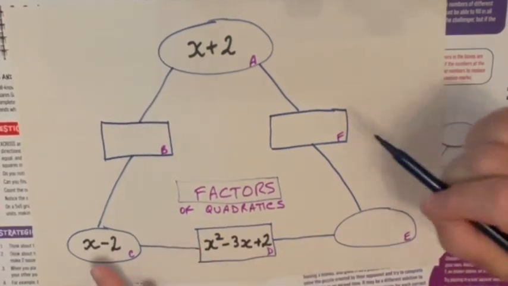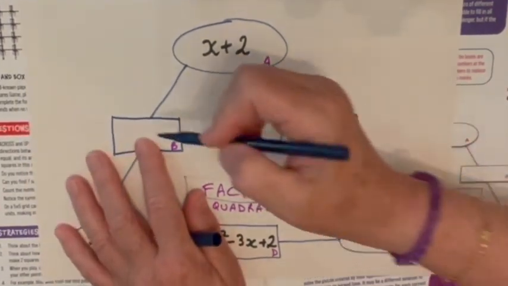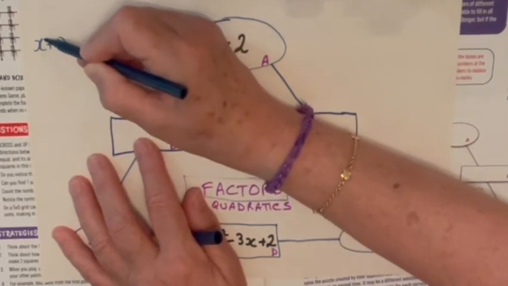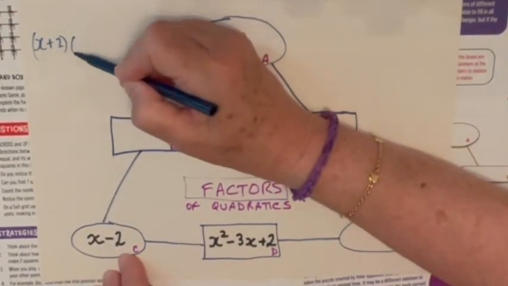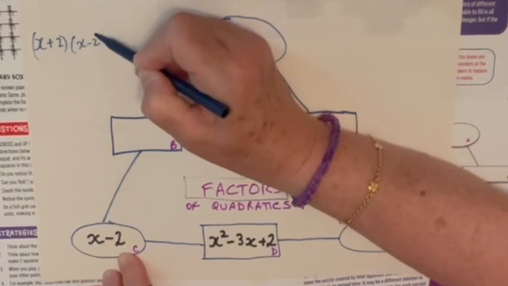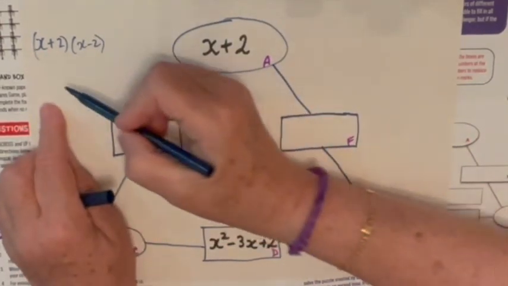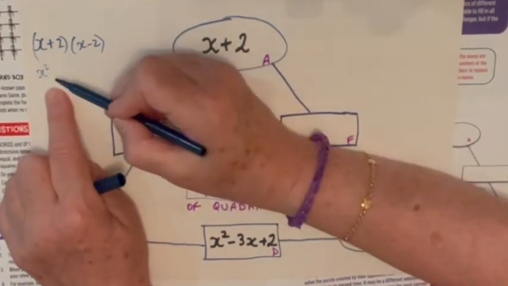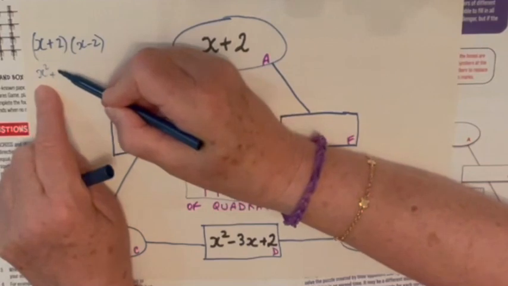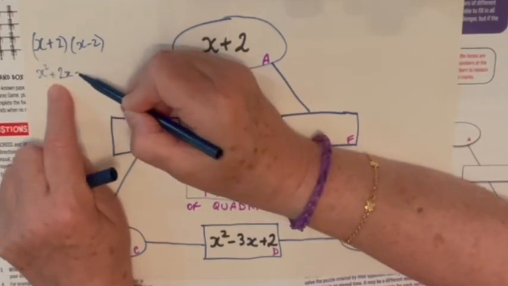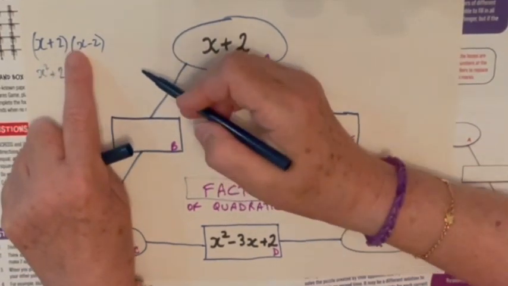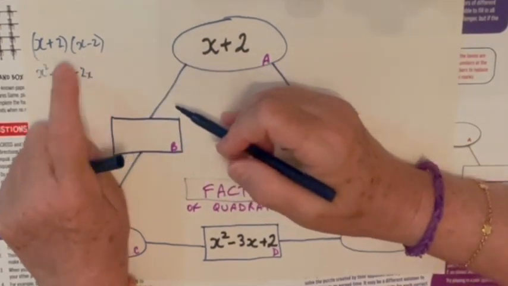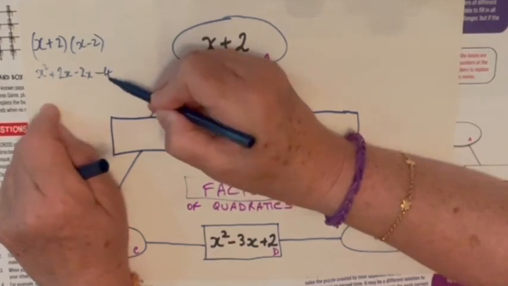So I'm going to actually do it properly. x plus 2 times x minus 2. So that's x times x, x squared, plus 2x minus 2x minus 4.